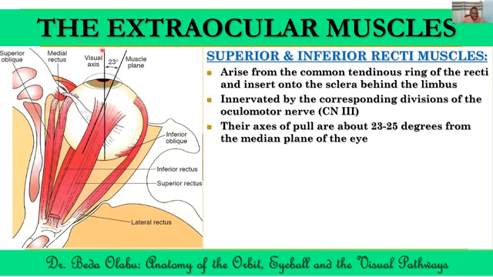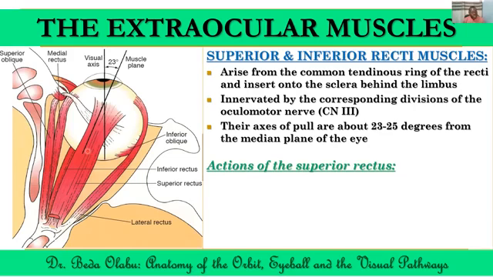So that's basically the main equator or the axis of the eye. But this is the axis of pull of the superior and inferior rectus. It's some 23 degrees or about 25 degrees there. That needs to be taken into account if you're going to understand the mechanism of action of superior rectus.